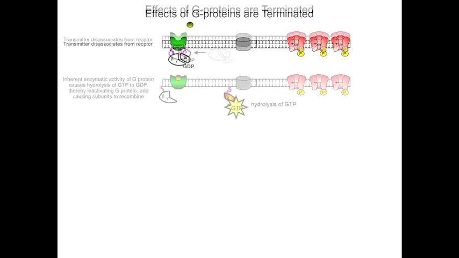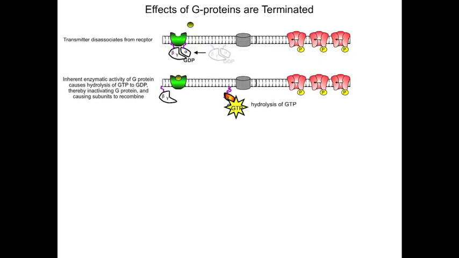The second is that the GTP bound to the alpha subunit has inherent GTPase activity and hydrolyzes the GTP into GDP and inorganic phosphate. The hydrolysis of GTP to GDP inactivates the G protein and allows the subunits to recombine.